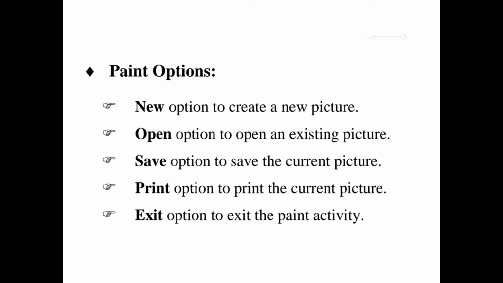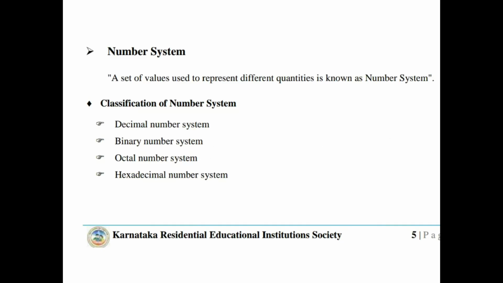And then lastly, number system. A number system is a set of values used to represent different quantities. That is simple.